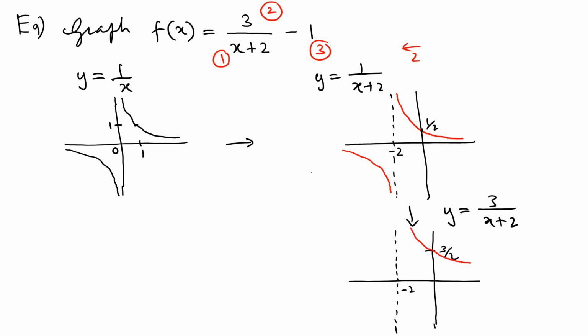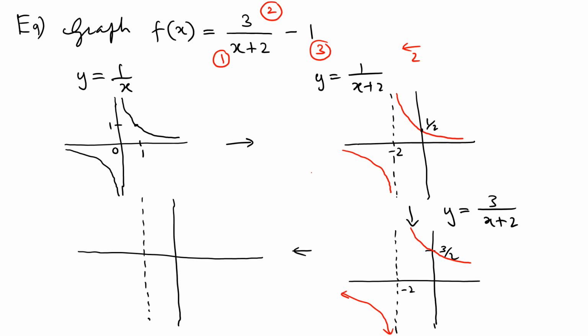Good. Okay, so the last one is we're going to move this graph down by 1. Since it's moving down 1, it's going to move the horizontal asymptote down to negative 1, and the vertical one stays at negative 2. Then we can also evaluate the y-intercept.